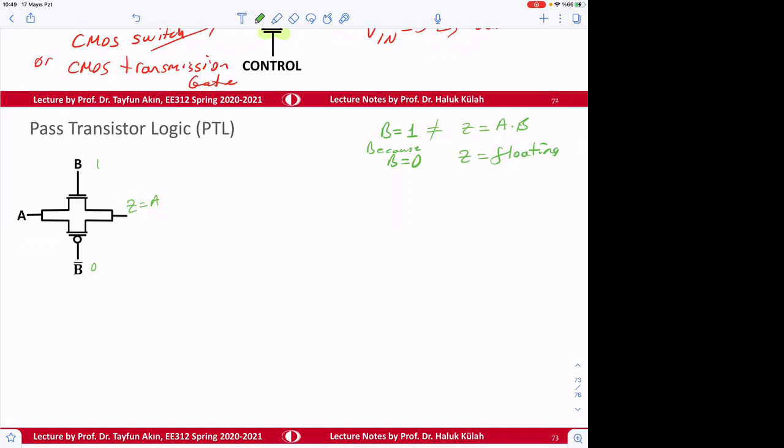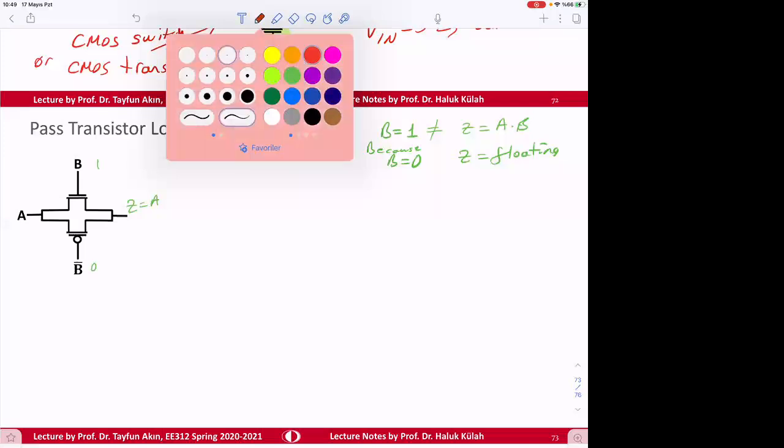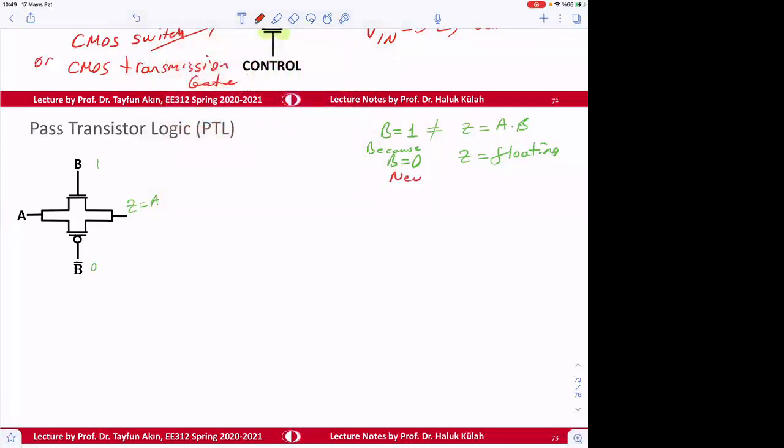So therefore the logic is halfway correct, but this is not really resulting in this. So there is a motto here: we should be careful, never leave the output port floating.